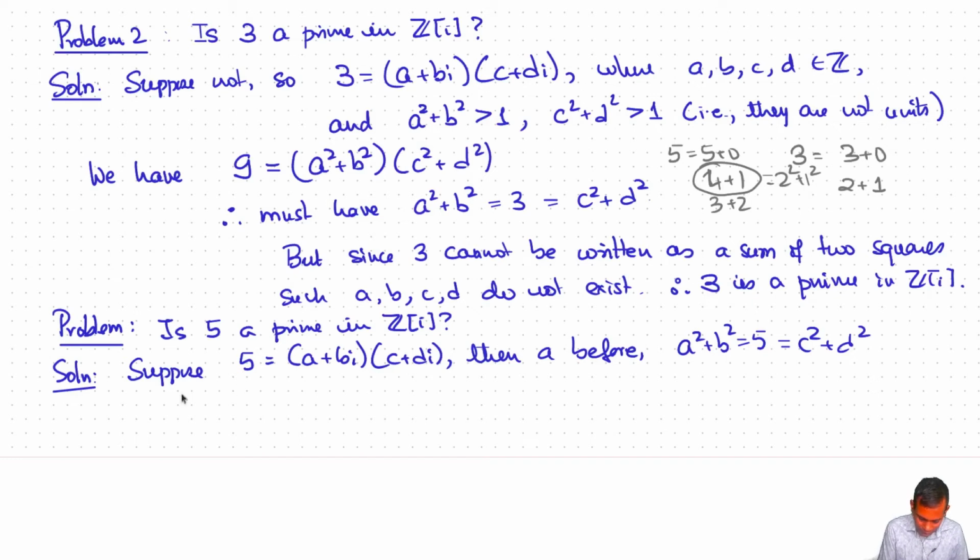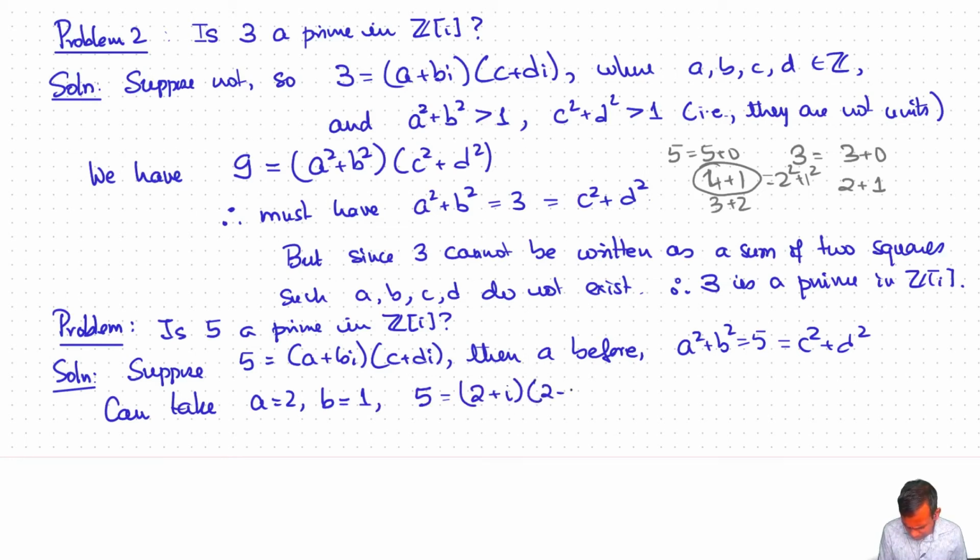So I can take a equals 2, b equals 1, and so you're getting 5 is equal to 2 plus i times what? You easily see that 2 minus i works.